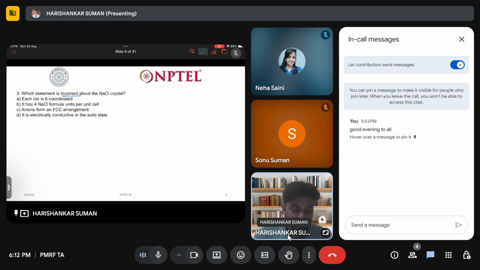It is electrically conductive in the solid state. Yes, please find out the wrong statement. As we see in the FCC structure, 4 is to 4 and each ion is coordinated 6. So this is the wrong statement. So answer will be D. We have to find out the wrong statement.